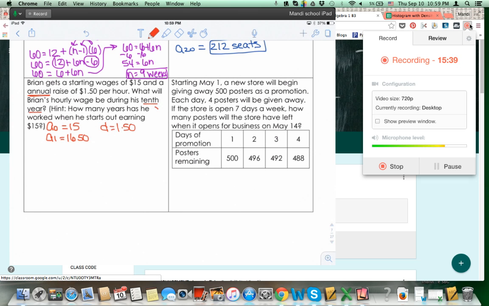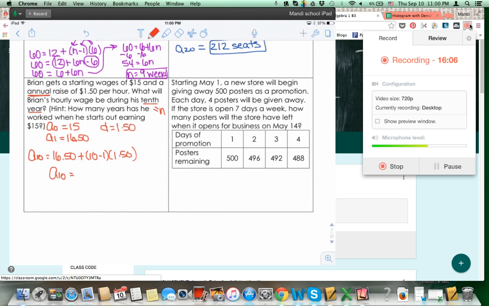And the 10th year is going to be our n. So A sub 10, when we substitute 10, equals 16.50 plus 10 minus 1 times our common difference of $1.50. Like I said, I would just drop that into my calculator.